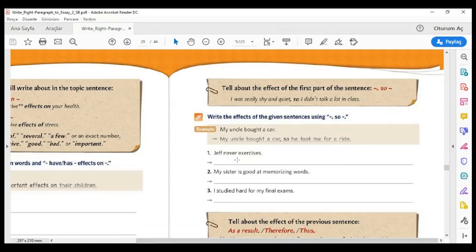So it's Jeff never exercises. My sister is good at memorizing words. I studied hard for my final exams.